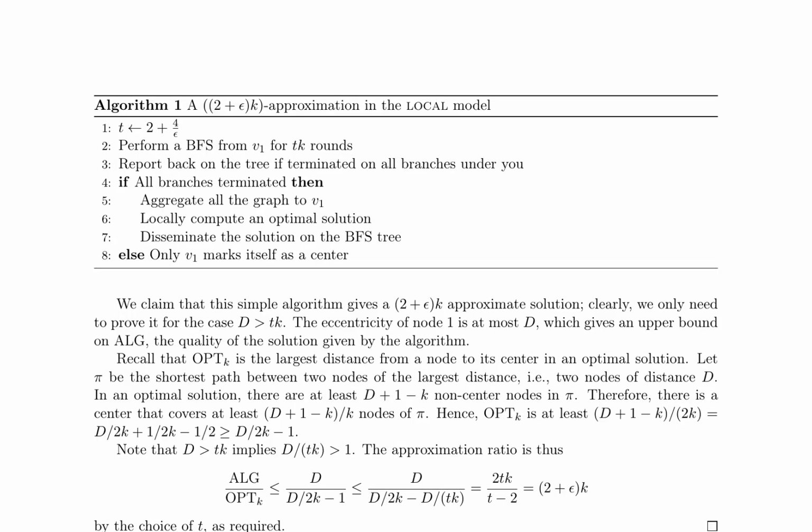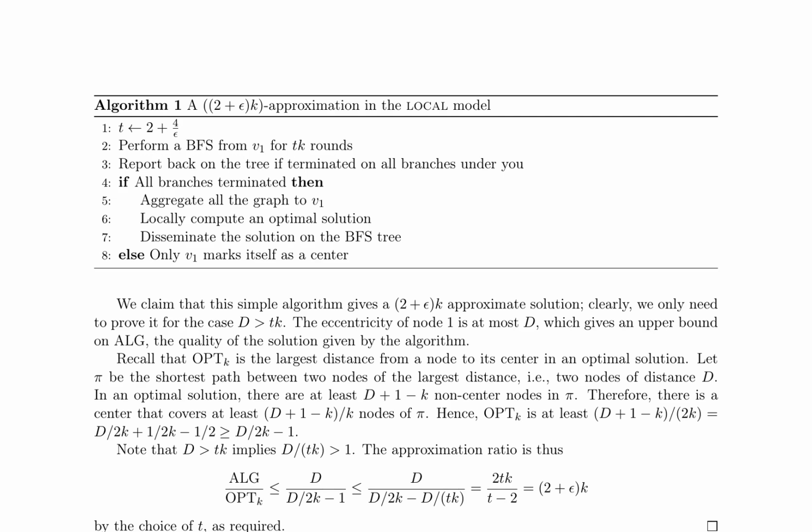This paper presents a (2+ε)-approximation algorithm for the k-center problem in the LOCAL model, alongside a lower bound on the achievable approximation ratio by any T-round algorithm in the same model. The algorithm leverages local computation to find an optimal solution, which can be replaced with a 2-approximation computed greedily.